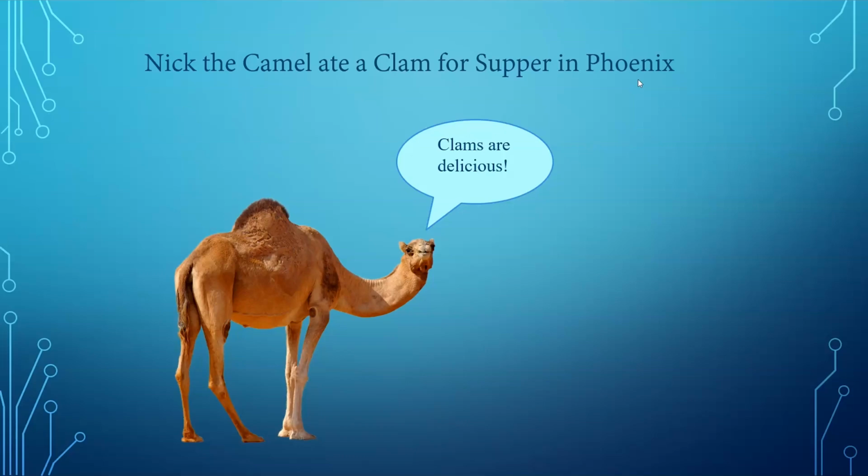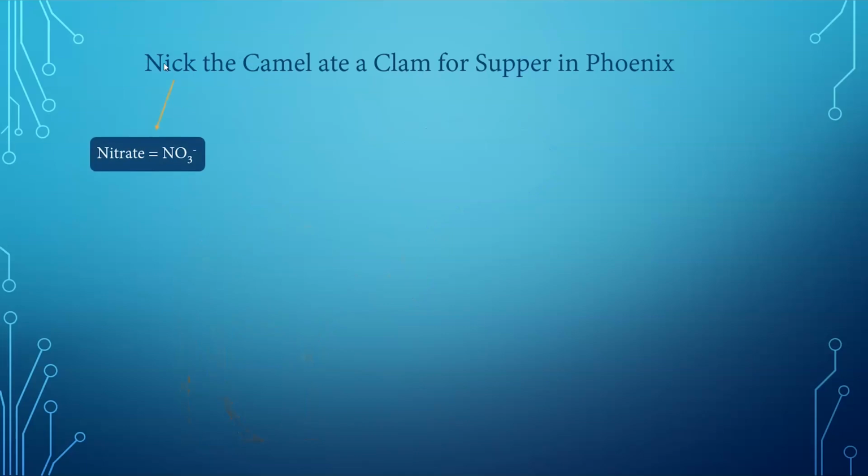A student of mine many years ago named Rudy found this on the internet somewhere and shared it with me, and I thought it was a very clever idea. So let's figure out how this little memory phrase will give us the big 5 ions. Each word that's in capital letters here represents one of the big 5: nitrate, carbonate, chlorate, sulfate, and phosphate.